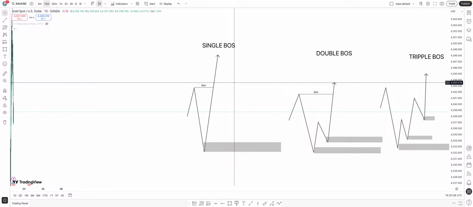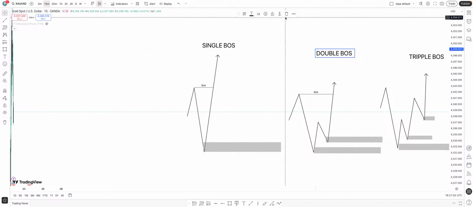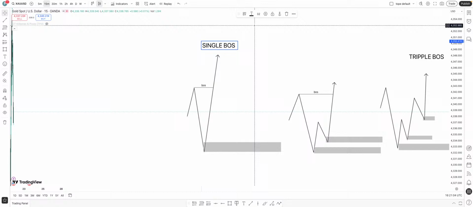Daniel, what's the problem? You don't understand. Okay. So yeah, let's just move to the chart and let me show you the examples that I'm teaching.